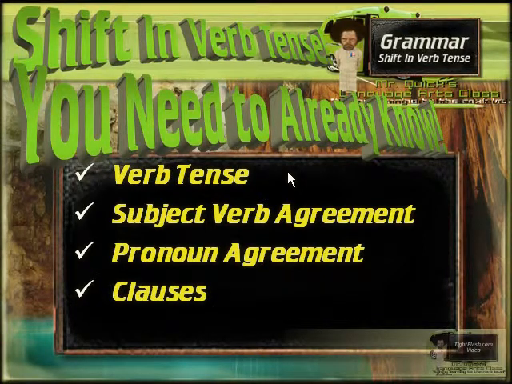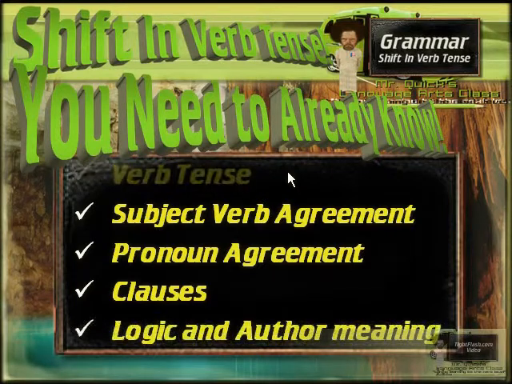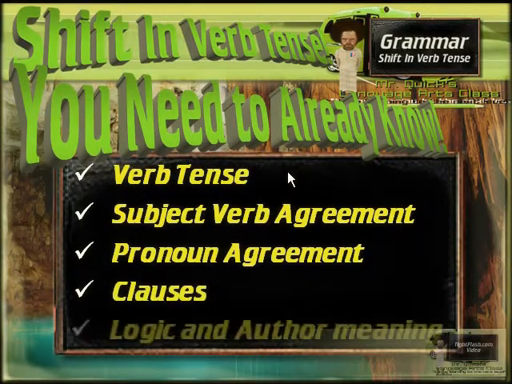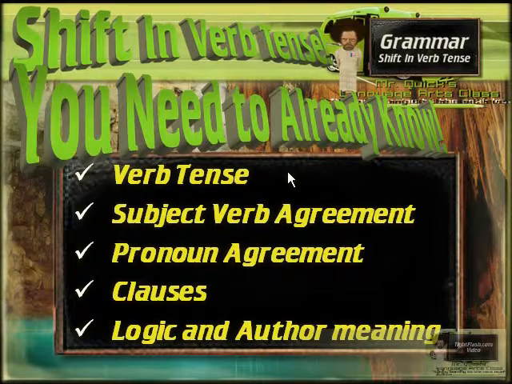And clauses, we definitely went over that. There should be no confusion when it comes to clauses at all. And of course, logic and author meaning. And of course, we've dealt with that during our literature discussions. So I think that we have everything, or all the tools we need in order to proceed to verb tense.